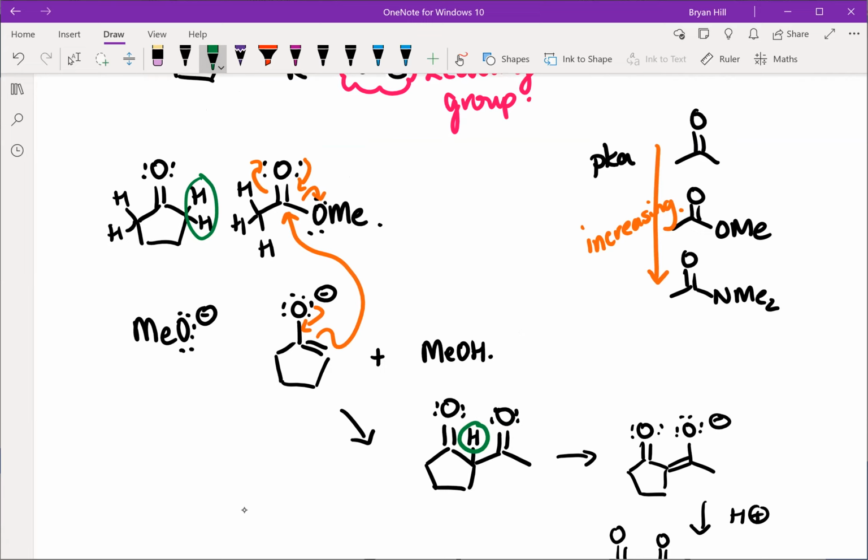But the second step, which I've drawn in orange, the most reactive electrophile is this guy. You have to worry about this, because the lone pairs in an ester are donating into the carbonyl, which makes that carbonyl less electrophilic.